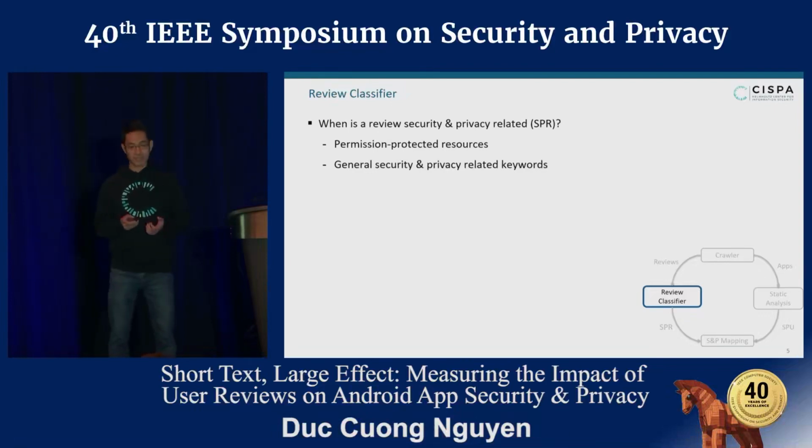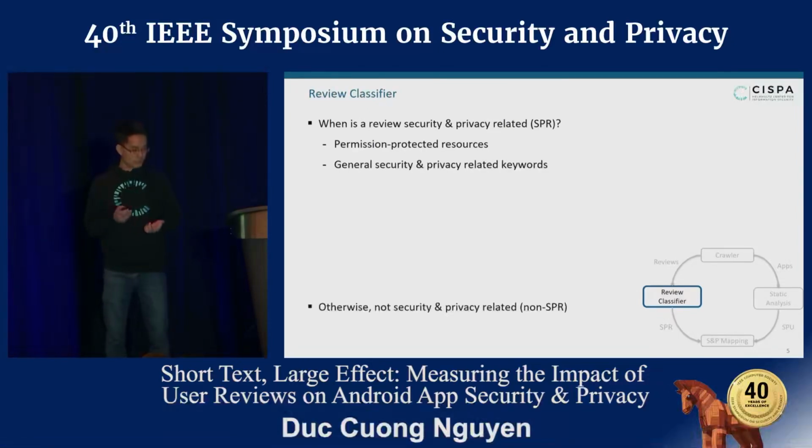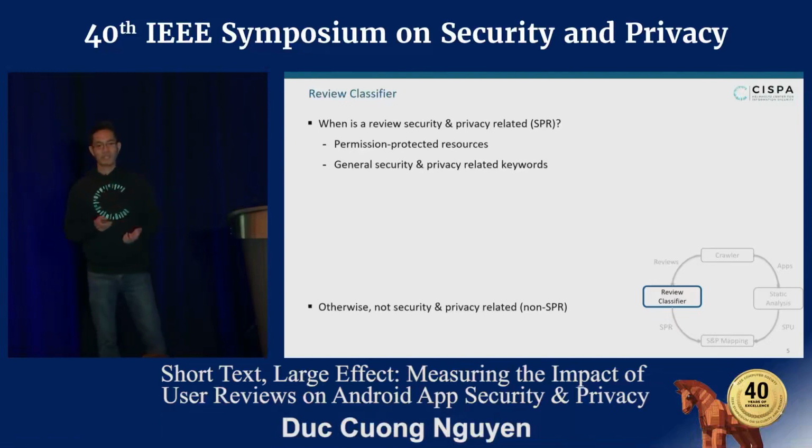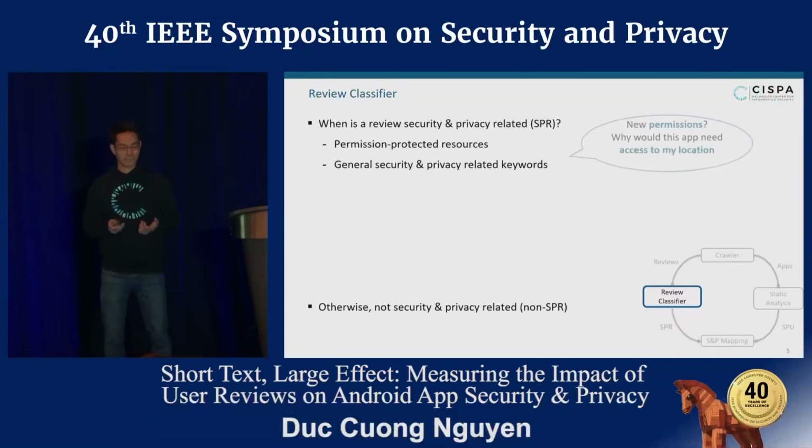To enhance this definition, we also extract keywords based on existing literature on user perception of the security and privacy problems of Android applications. And when a review does not talk about any of these two aspects, then we consider it non-security and privacy relevant.